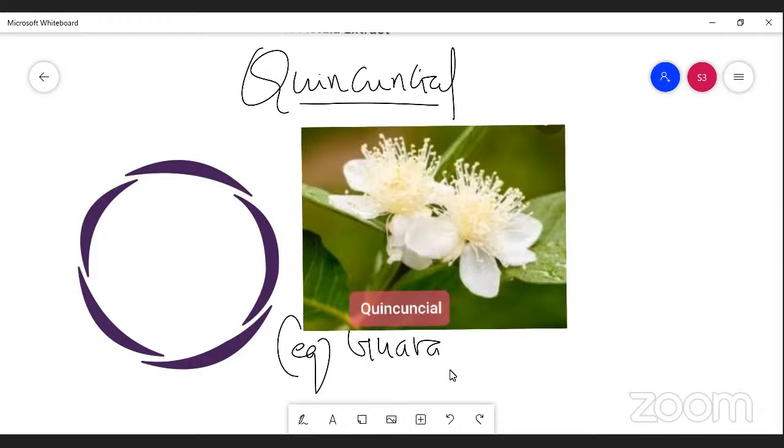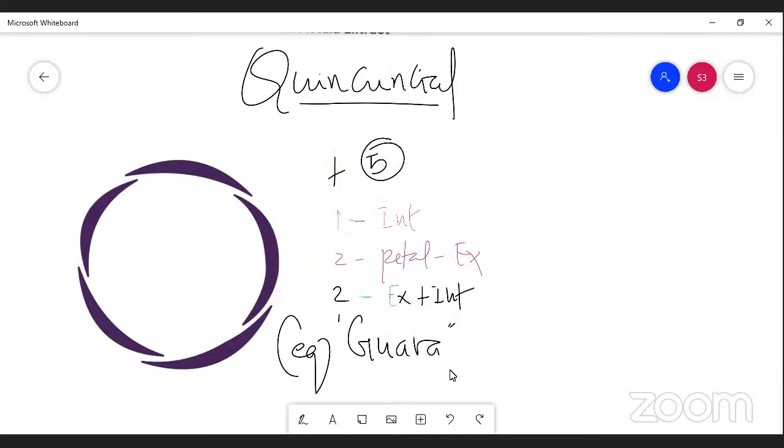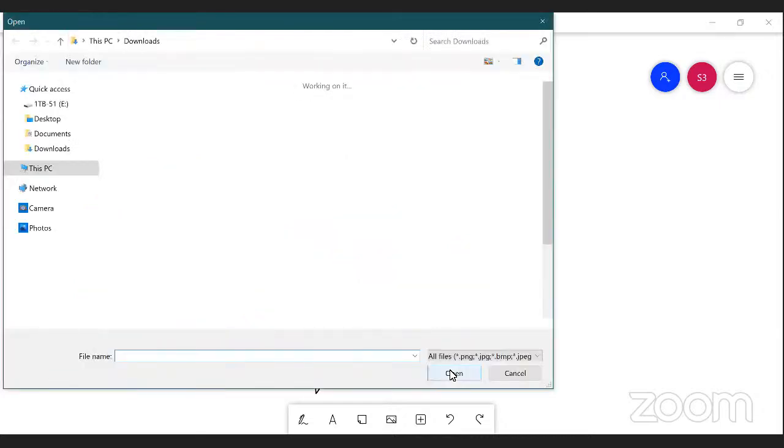Two petals are totally out, 2 petals are in and out, 1 petal is totally interior. That is the nature of quincuncial, right? So quincuncial is characterized in the case of Psidium guava, right? Or if you take the diagrammatic representation of a quincuncial flower, I'm going to show you so that you can understand easily.